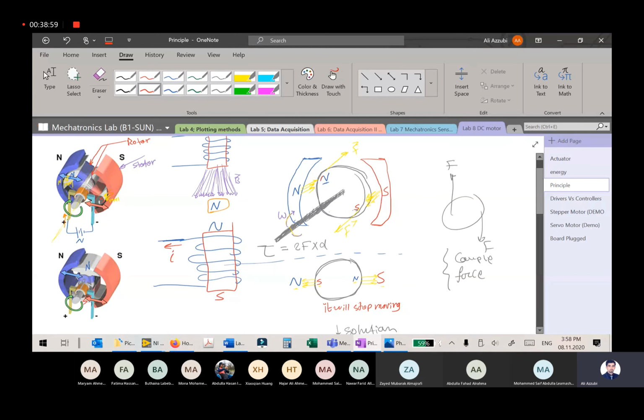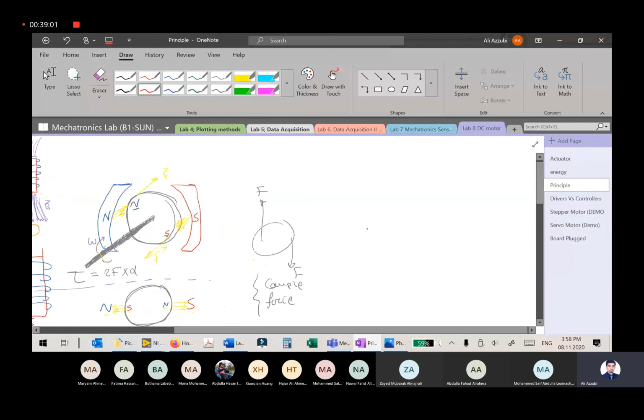And more details, because if you have a wire like this and you have a current flowing in the wire, if the direction of the current is like this, now you will have some magnetic field coming this way in circular magnetic field lines like this.